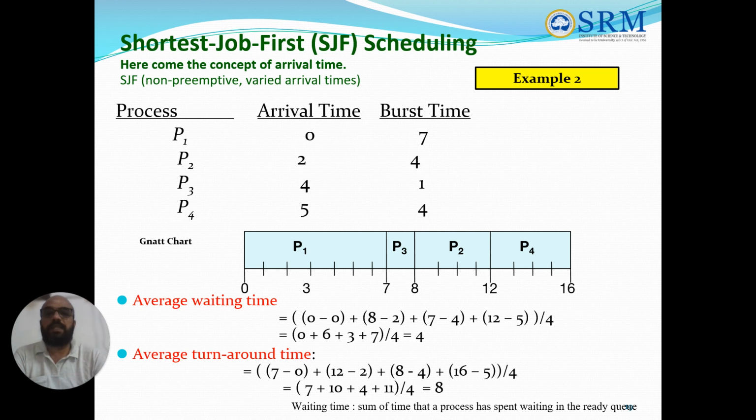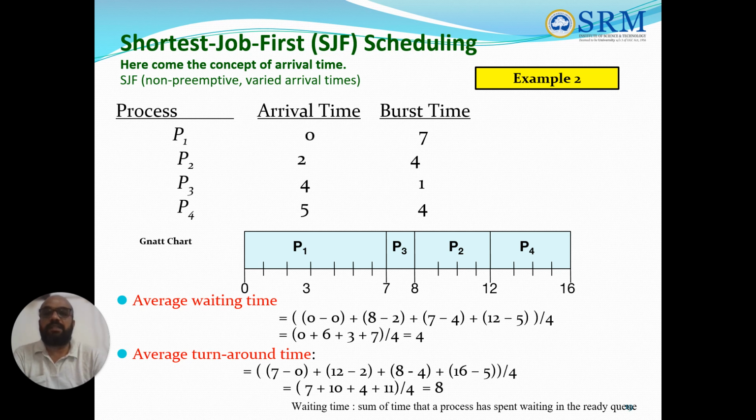So P3 gets its execution and completes at 8. Again P2 and P4 have the same execution time, which is 4. But P2 arrives at 2 and P4 arrives at 5, so P2 gets the chance first. It completes its execution at 12, and then P4 follows and completes at 16.